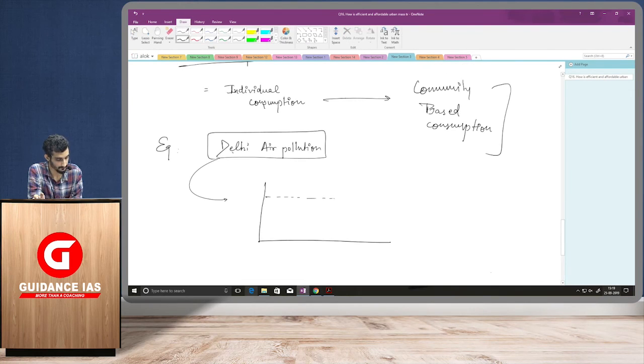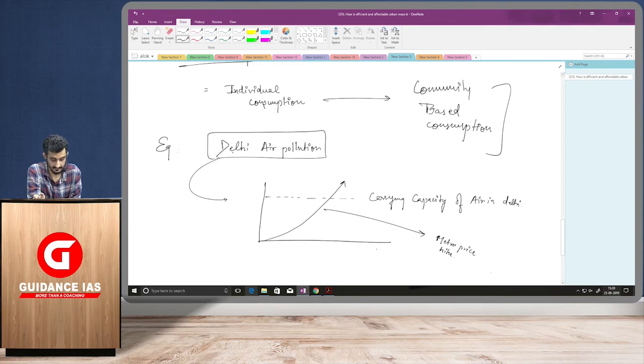You can show this carrying capacity of air in Delhi, and this is the population increase, and this population increase can be more after the metro price hike.